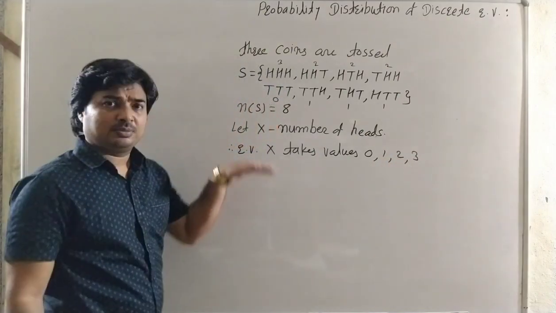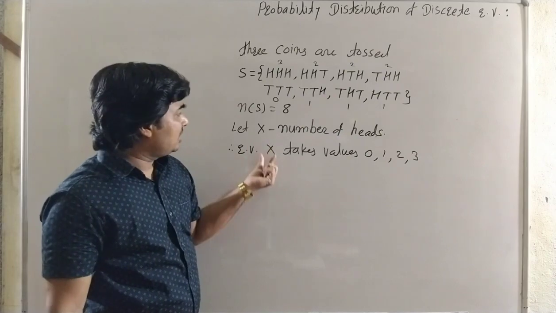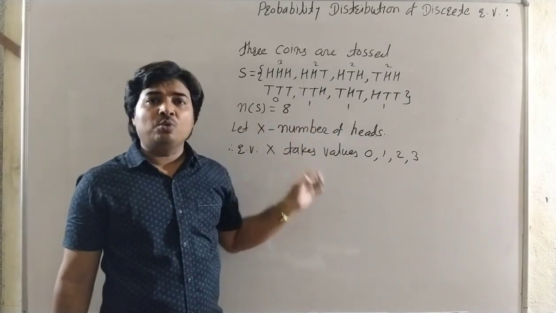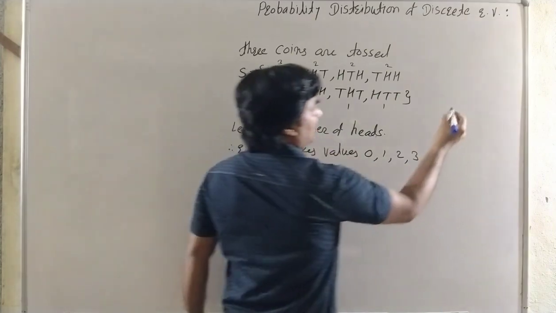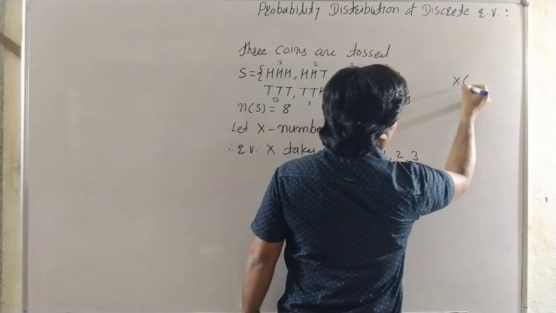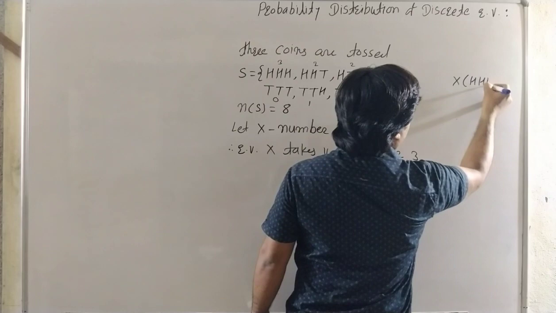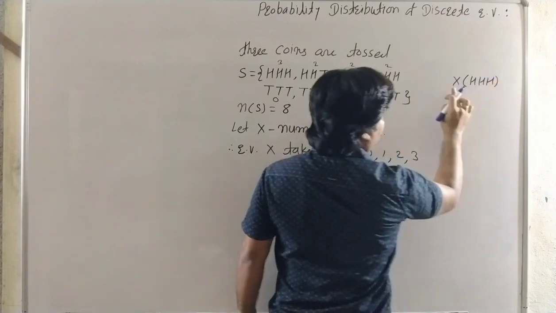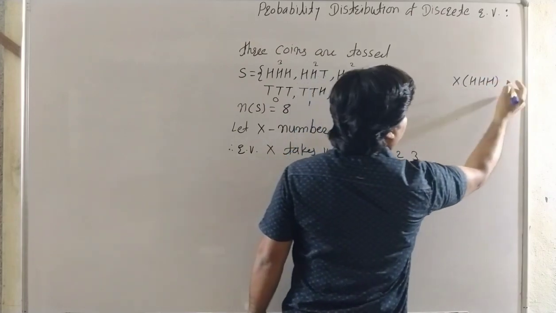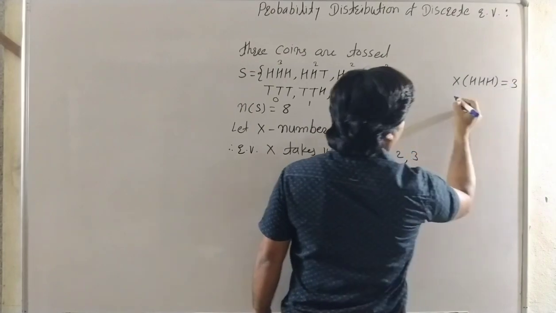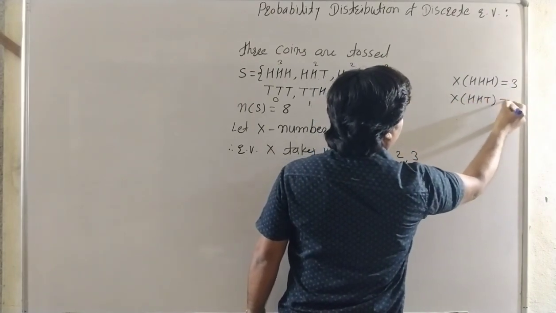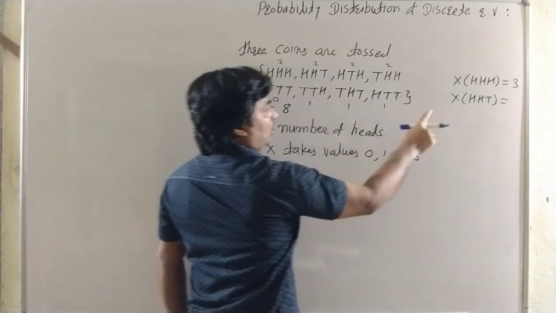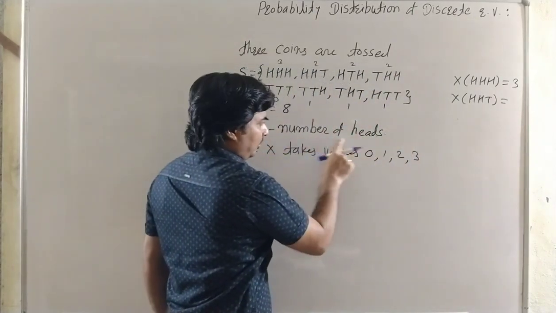See carefully: the random variable X is the number of heads.